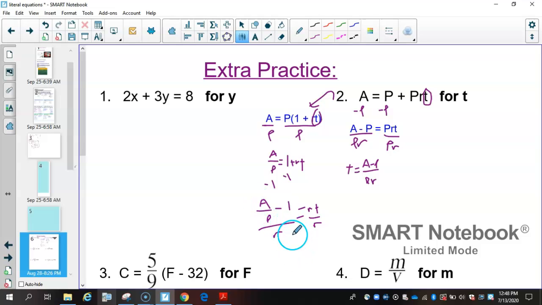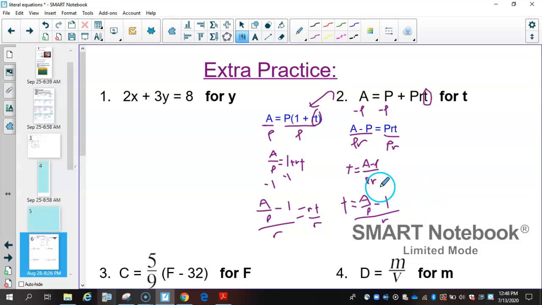When I do that, I'm left with this weird fraction. Now normally we would not want fractions inside of fractions, but that's a little bit advanced. So I'm going to leave this as is and just say that another way to write this is a divided by p, minus 1, that whole fraction minus 1, all over r.